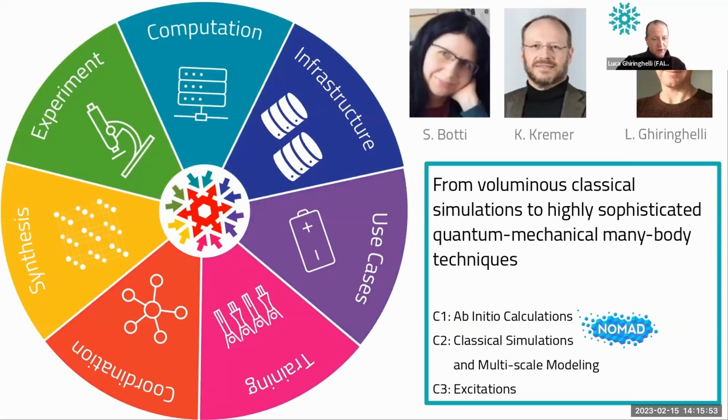And then we have the computational part, and here I put again the NOMAD logo because essentially this ab initio calculation part, and to some extent the classical simulation part, is built on the original NOMAD laboratory, and then we have also now expanded to excitation.